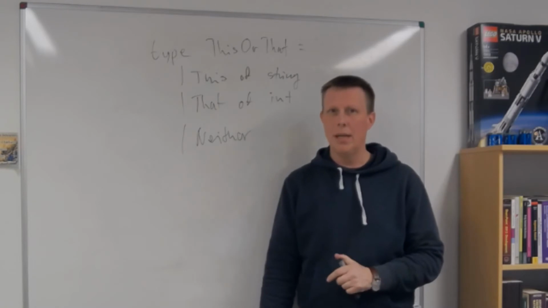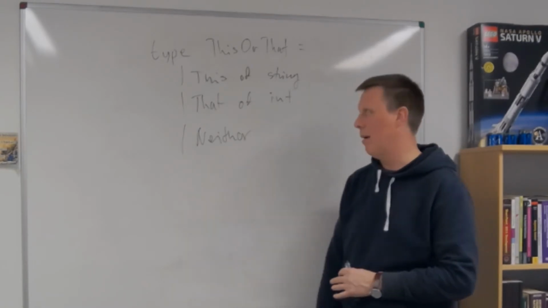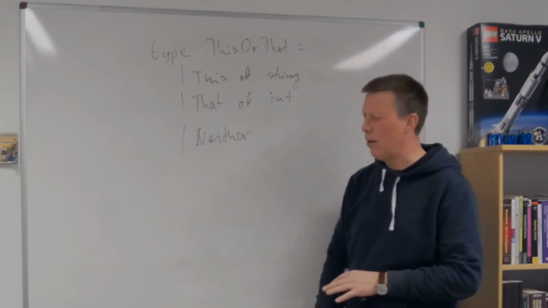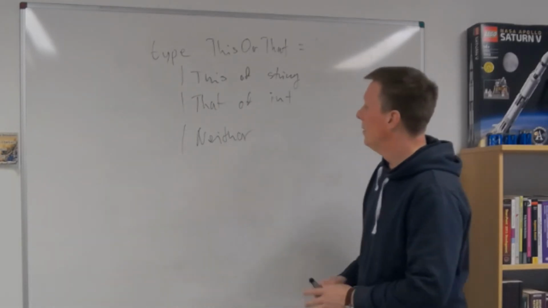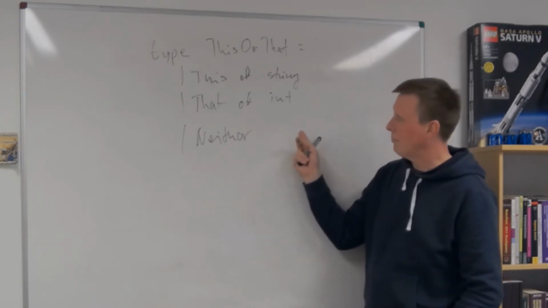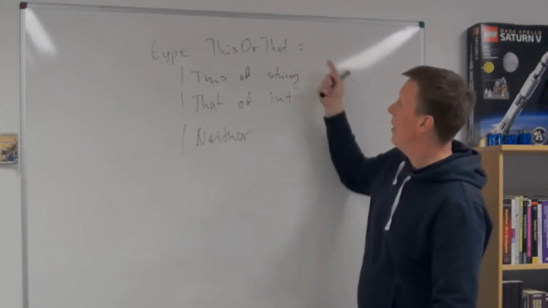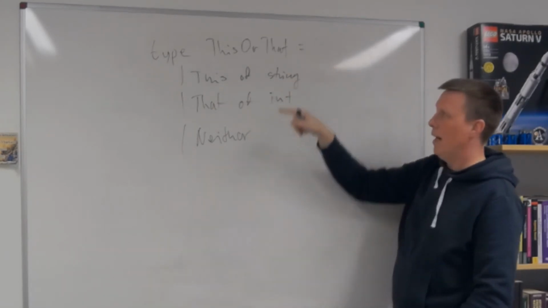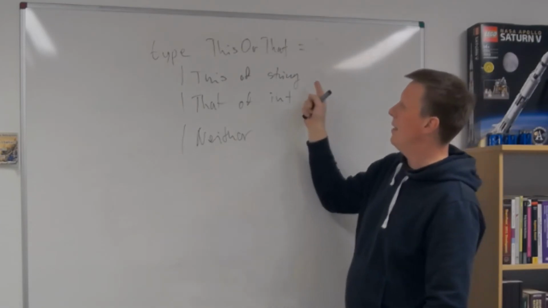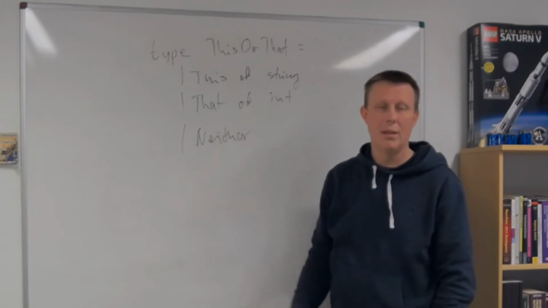But nulls are really bad for reliability in our code. It's a terrible idea. So instead of this, we have something that doesn't contain any data. And what this means is that when I create the value of this or that, I will say, okay, this is a string, and I said it has this label this.